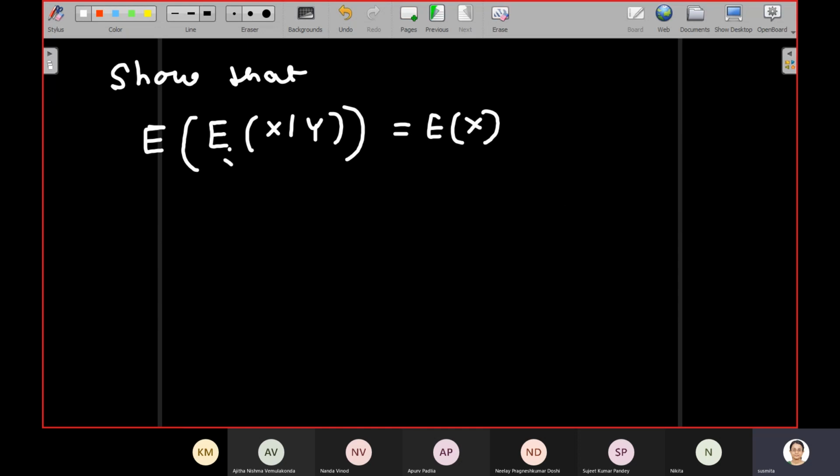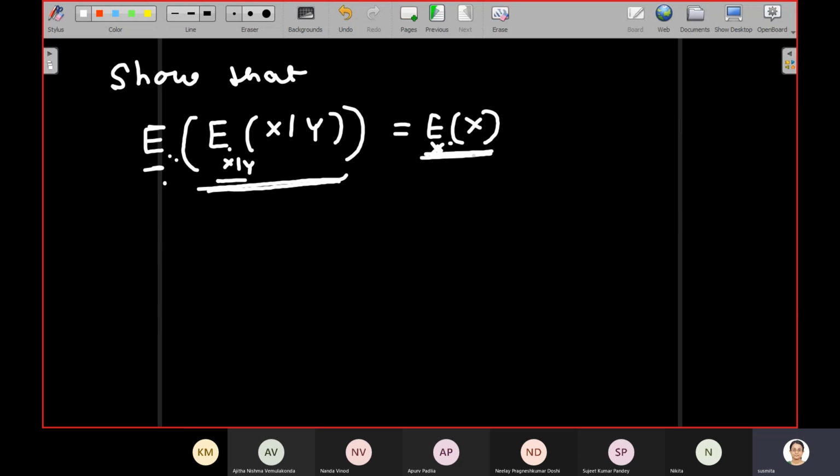So in this case, you are actually using the conditional PDF. Now, based on what I said, you need to find which PDF you will use here. Okay. I said that this is a function of y, so you should decide which PDF you want to use. And for this one, you need to use the PDF of x.